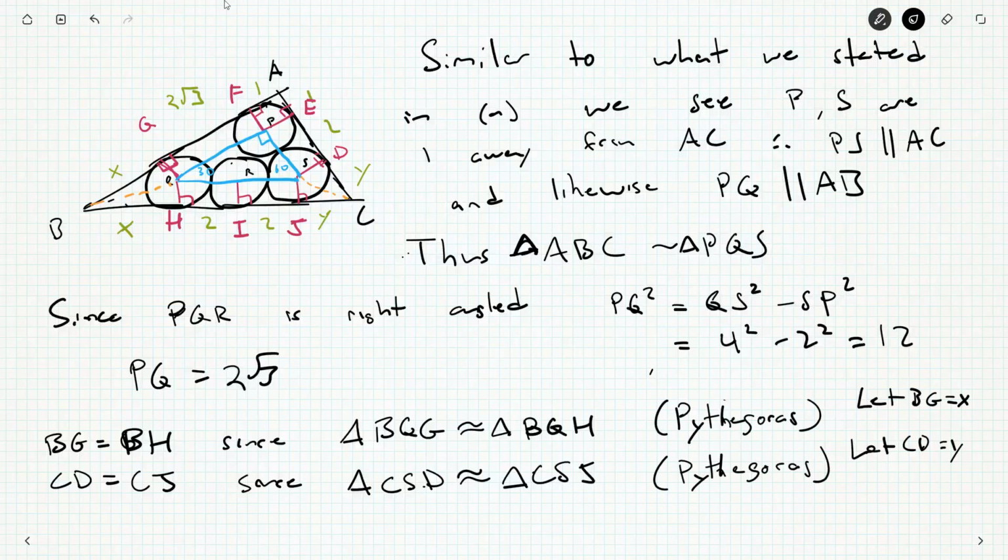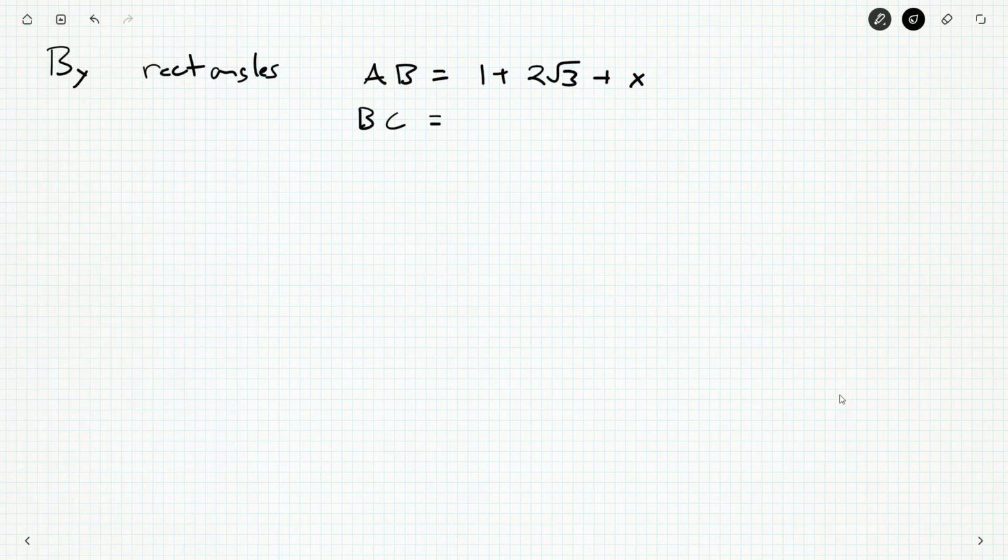Okay, so now we can say things like by right angle triangle or by rectangles. You see that AB is 1 plus 2 root 3 plus X. BC is X plus 2 plus 2 plus Y. And CA is Y plus 2 plus 1.